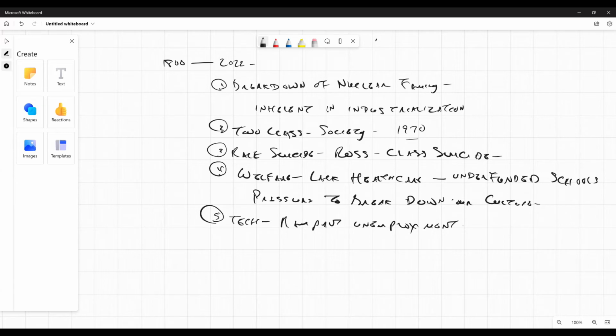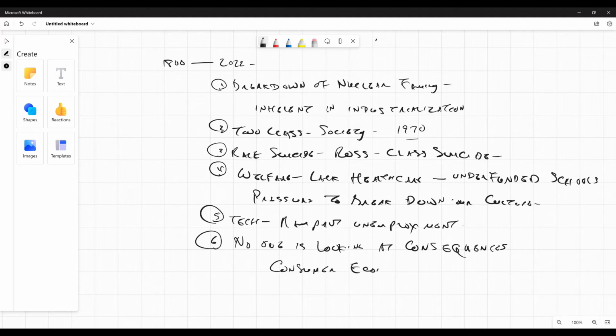It's ultimately not tenable. And one of the points that we keep coming back to is that no one is looking down the road. No one is looking at the consequences. And since we have a consumer-based economy, the question is, who will be able to consume? What does the future ultimately look like?